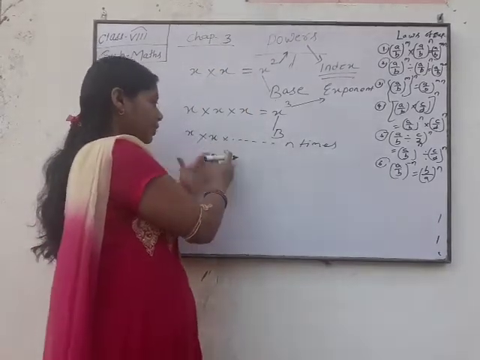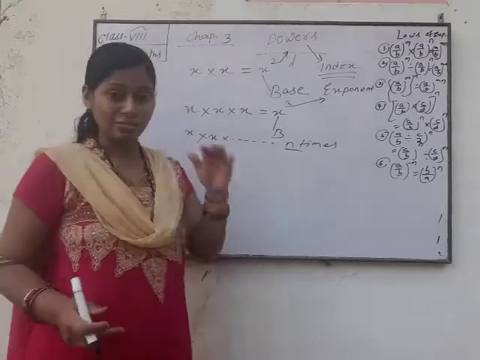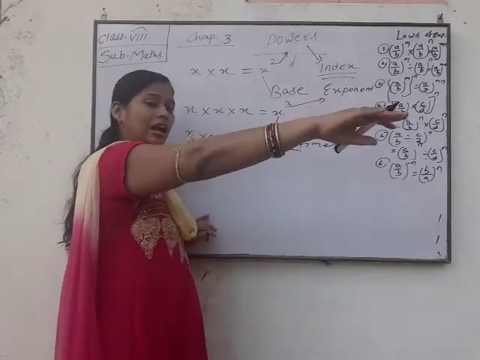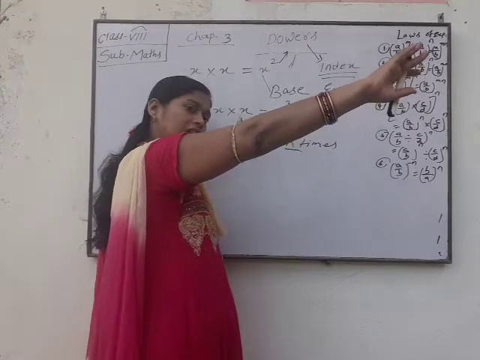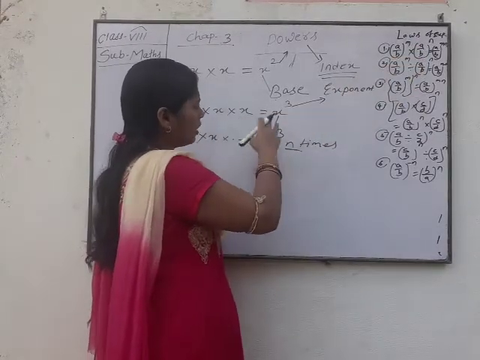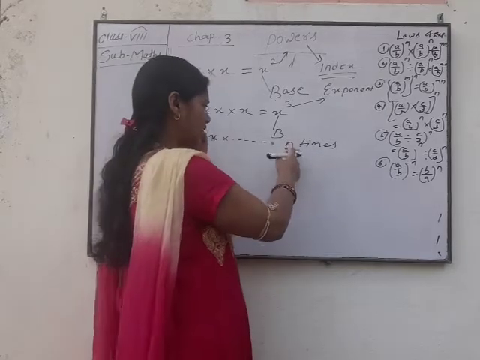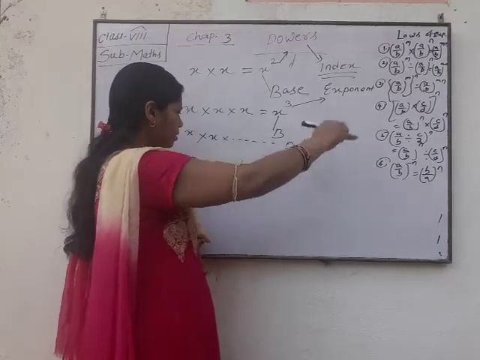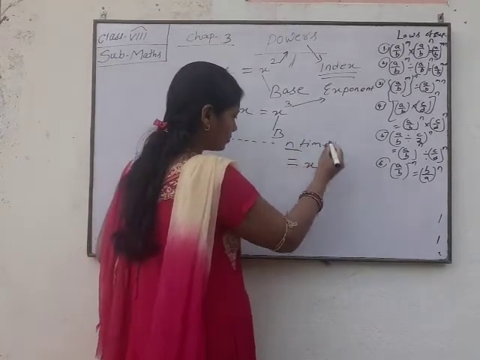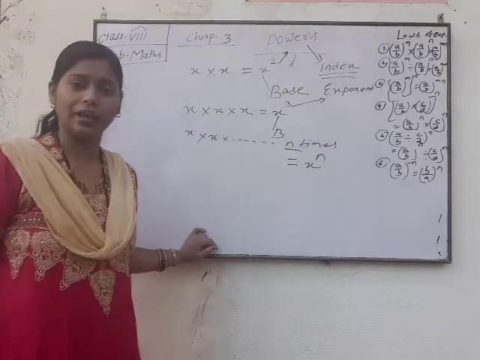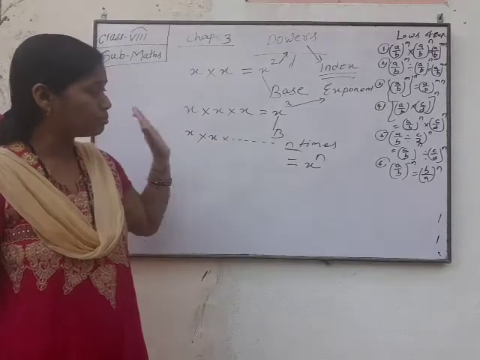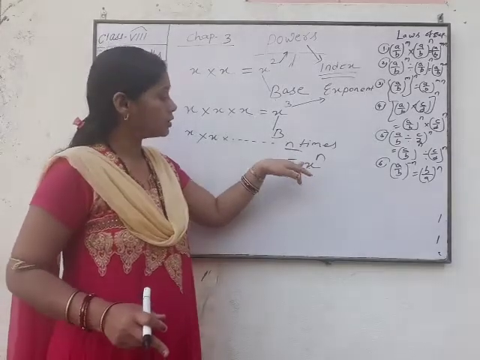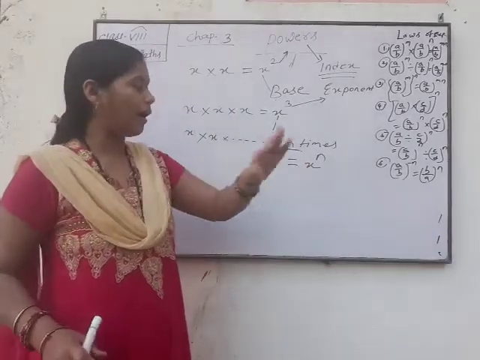In the same way, if x is multiplied with itself n times, where n is any natural number, up to infinity, the result is x to the power n.